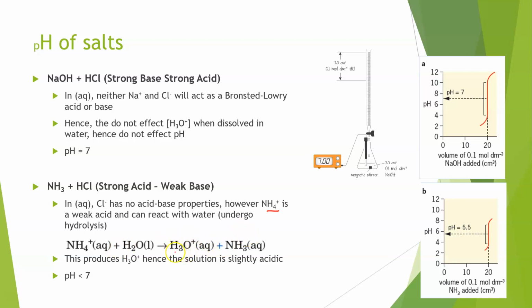This is going to drive up the concentration of H3O+ in solution, producing a pH that will be less than 7. In fact, in this titration, we would see a pH of around 5.5 for our equivalence point, being shifted away from 7 towards the stronger of the two here, which in this case was the acid. And this is because of the generation of the NH4+, which is an acidic salt.